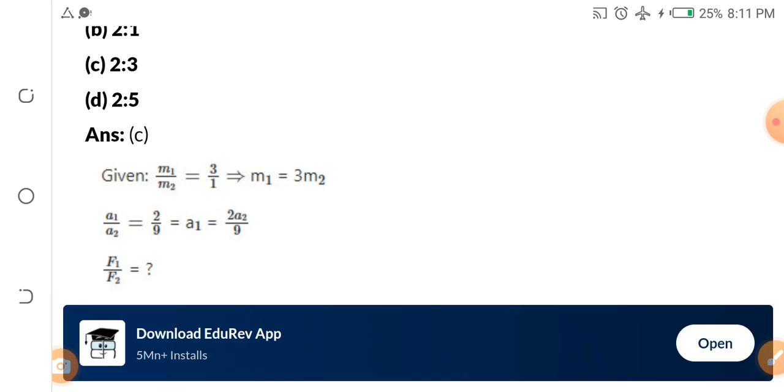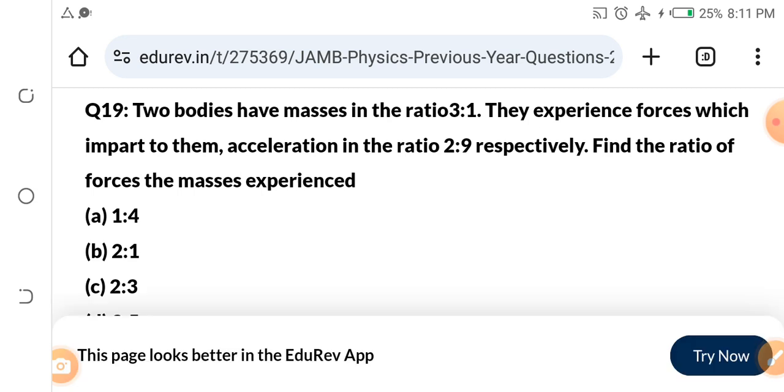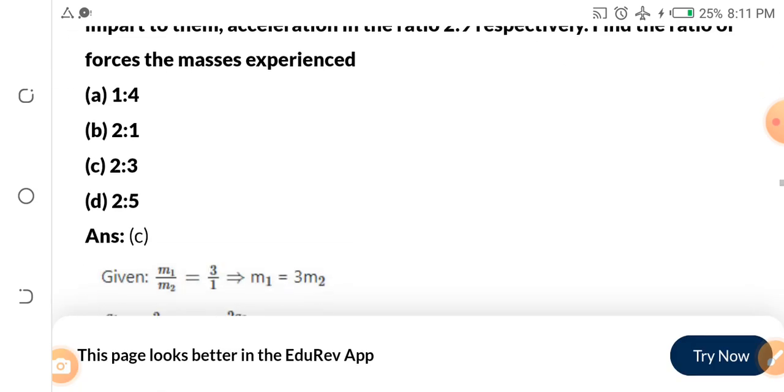Given that mass 1 over mass 2 equals 3/1, I've taught you that acceleration 1 and acceleration 2 is 2/9, like I said. So force, we are now saying find the ratio of the forces the masses experience.